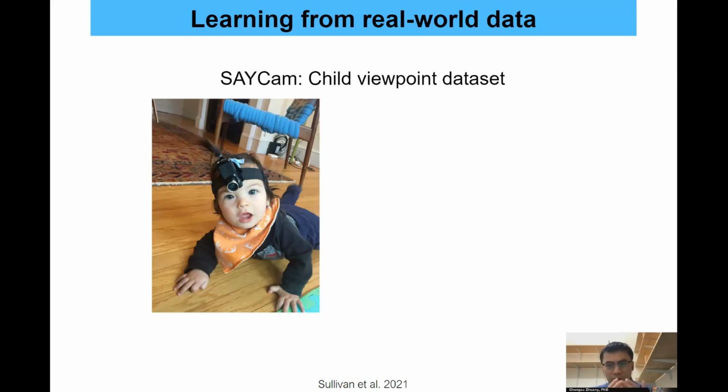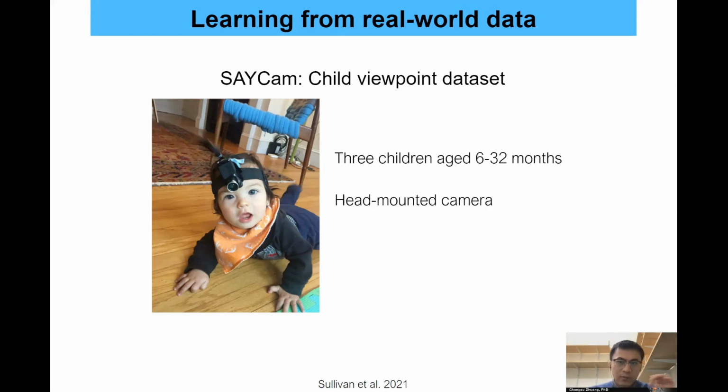So to capture what the children are actually seeing during their development, we use this child viewpoint dataset called ICoN. This dataset is collected by having cameras on 3 children aged from 6 to 32 months, from the viewpoints of their head-mounted cameras, and each child will roughly collect 2 hours per week, and in total there are 600 hours.